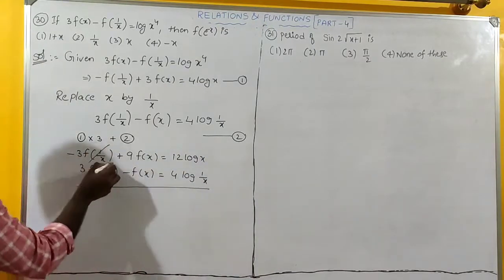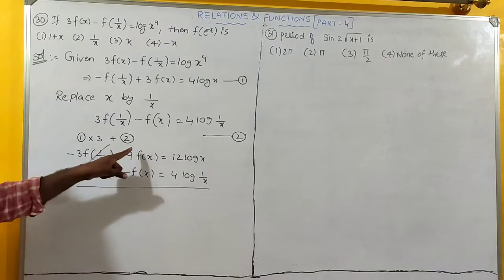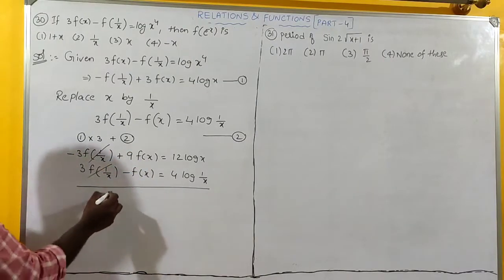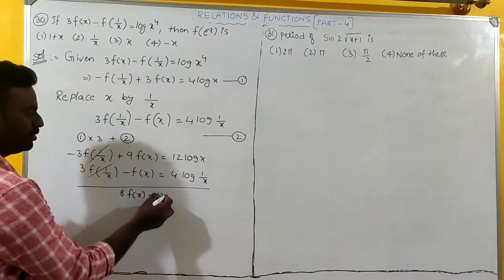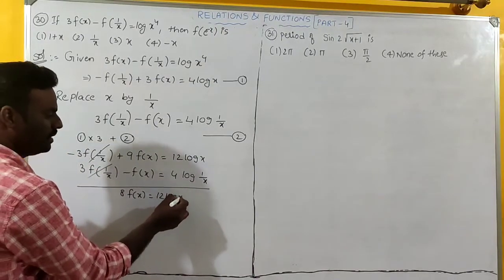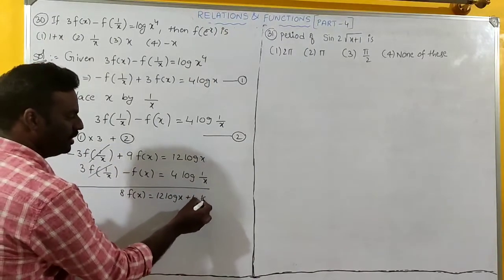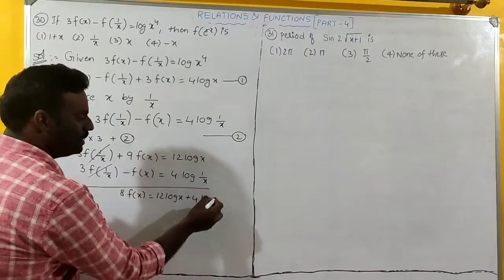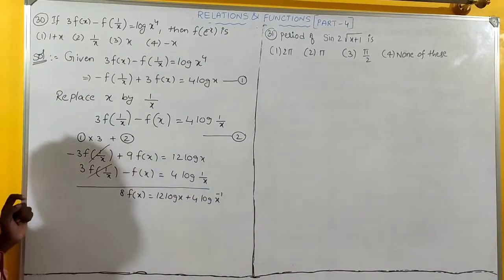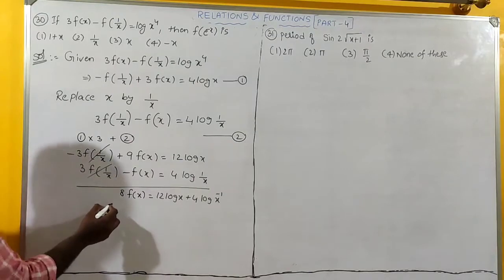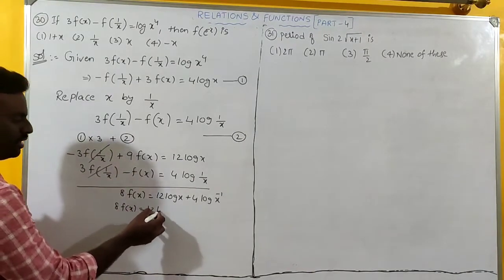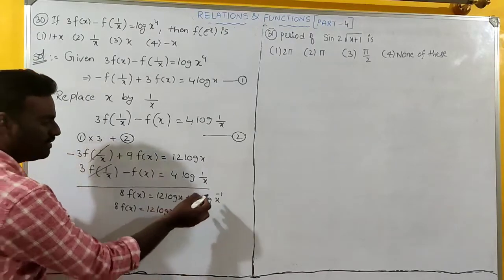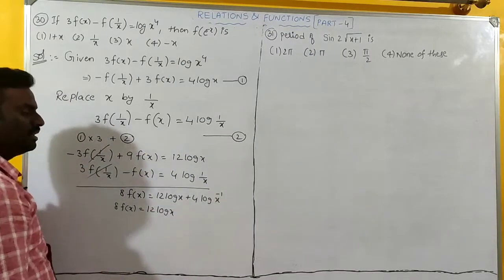Now these two values get cancelled. 9 f of x minus f of x, that is nothing but 8 f of x is equal to 12 log x plus 4 into log of 1 by x, which means x power minus 1. Now what can I write? 8 f of x is equal to 12 log x. In logarithms, the power value comes first.